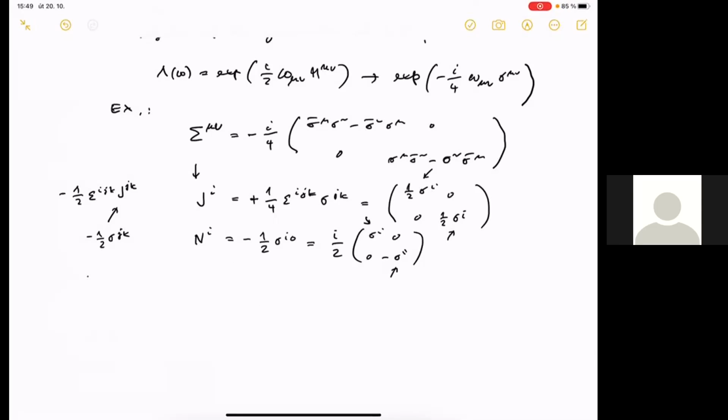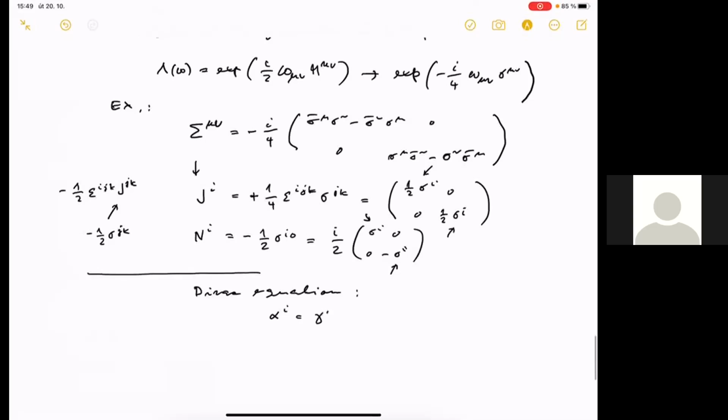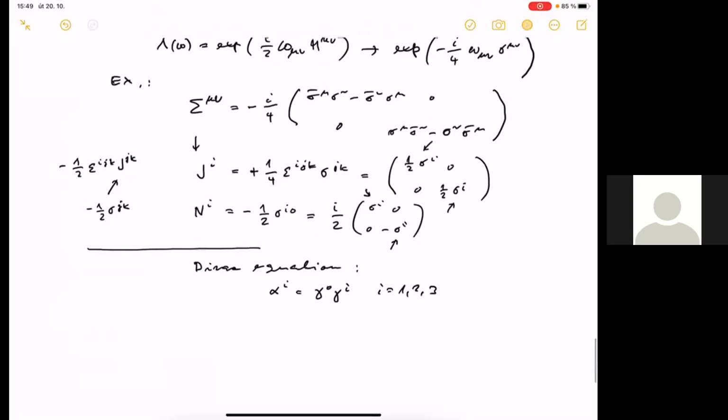Why are these gamma matrices connected with the Dirac equation? Simply because you can form the alpha matrices which enter the Dirac equation by multiplying the gamma i matrices, with i = 1, 2, 3, by the matrix gamma 0 from the left.